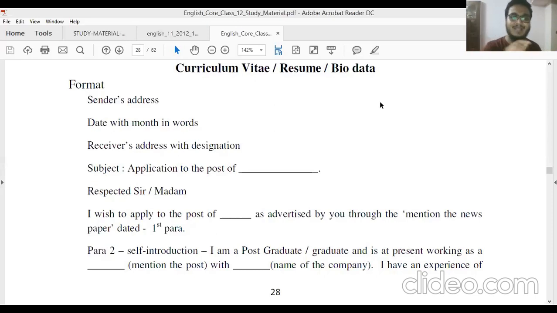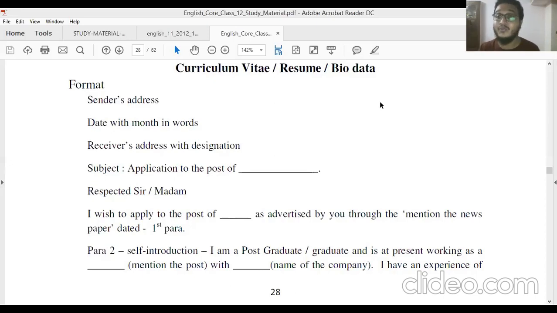Clear? Next line. Respected sir or madam. I told you during that time. When you know me, when you're writing to me, you can show me more respect because I am your authority. When I am not your authority, only write sir. Okay? Only write sir. If you're in your school, writing a letter to your principal, respected sir.